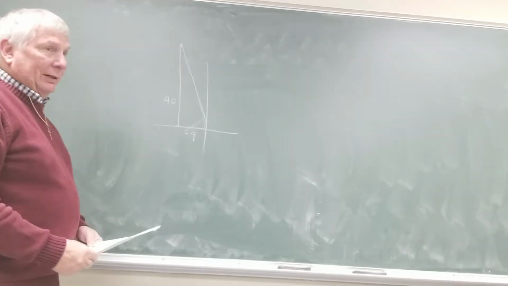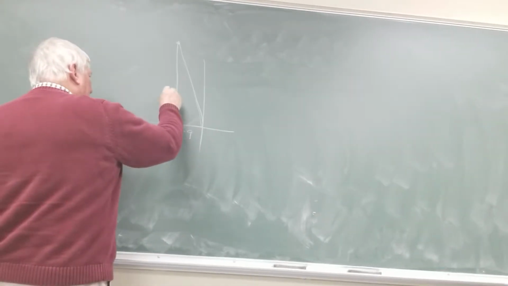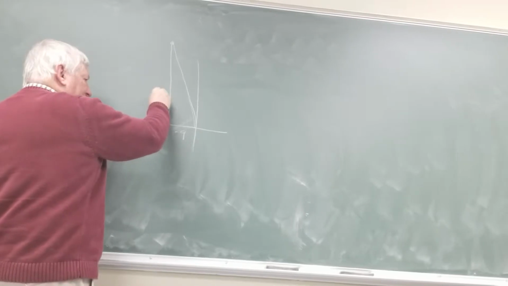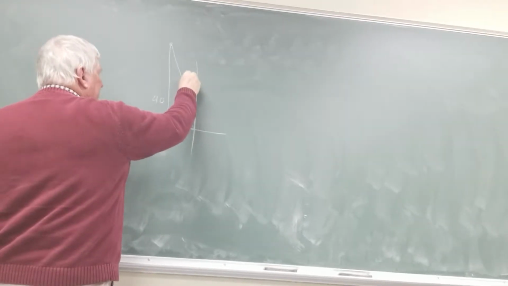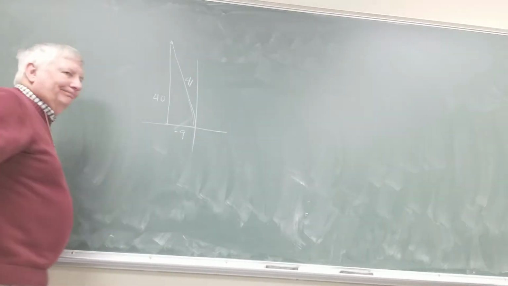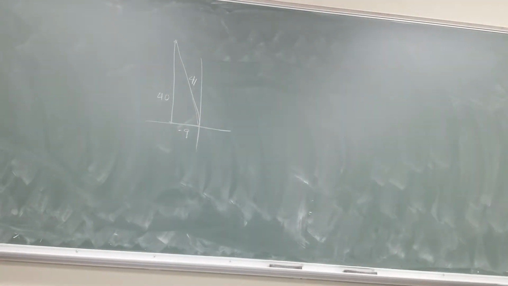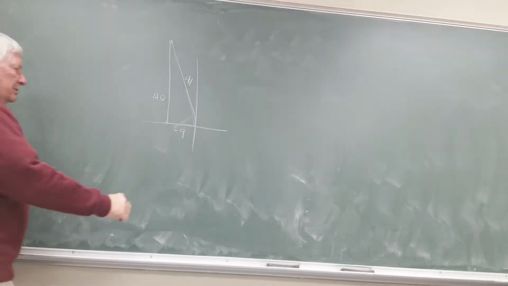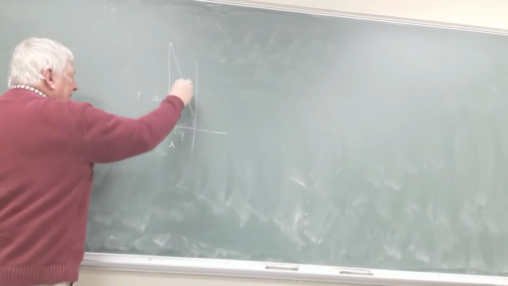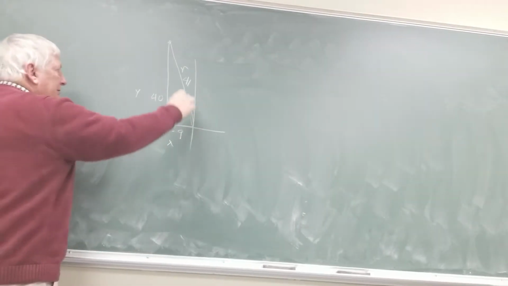And doing the Pythagorean relationship, 1681 is 41. So we have, this is y, this is x, this is r, if you wish.